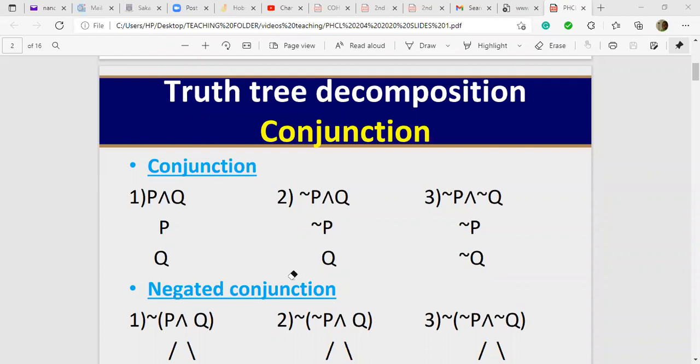Okay. So if you got conjunction and disjunction, and you know negation also, then we can move on to the next one.